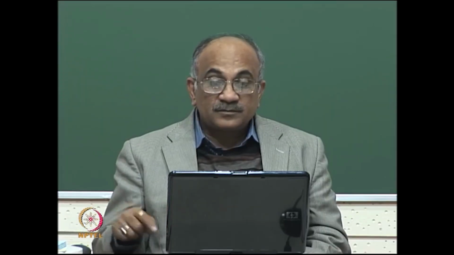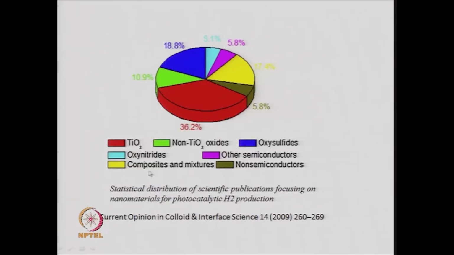So, if you look at this pie chart, it shows different kinds of materials on which work and investigations have been carried out, and people are studying them for photocatalytic hydrogen production. The amount of work that people are doing based on titanium dioxide is immense.